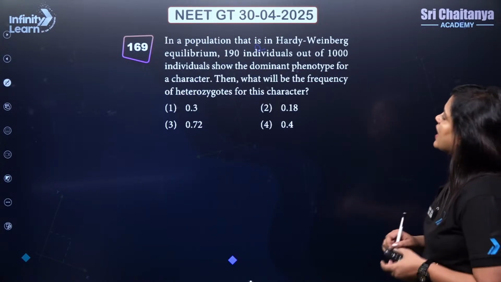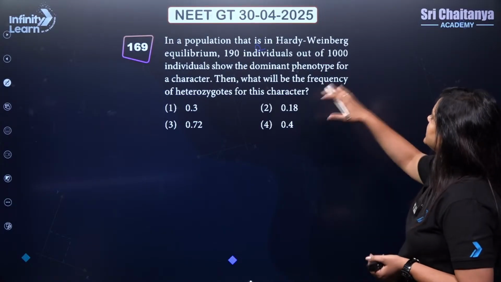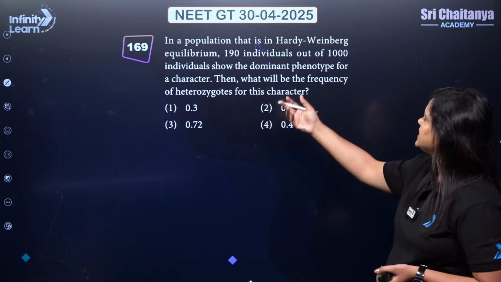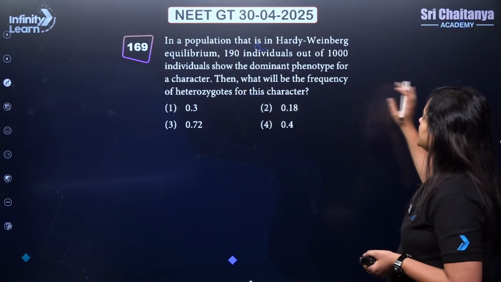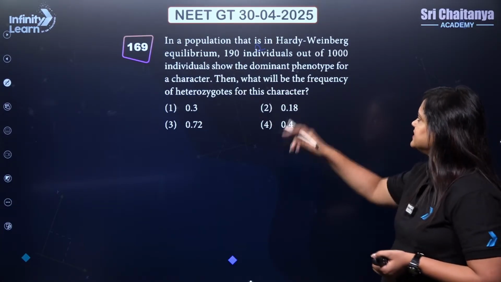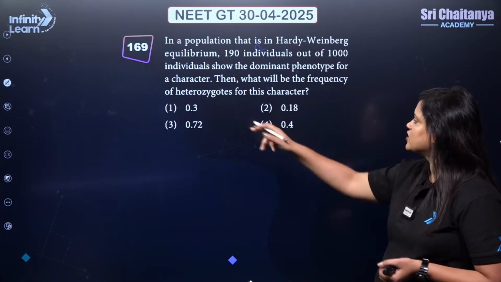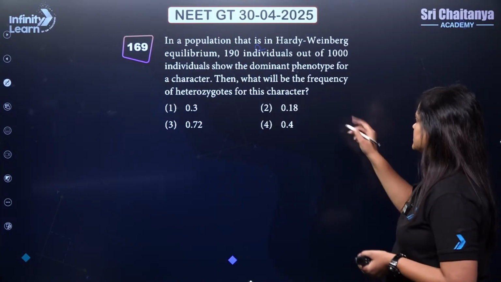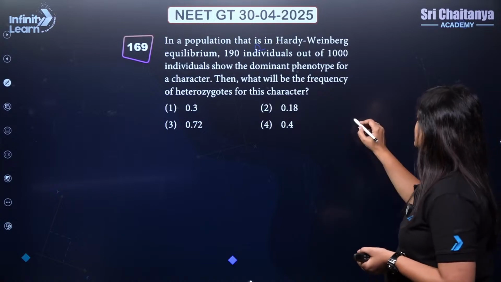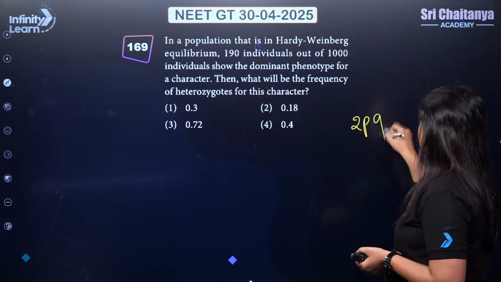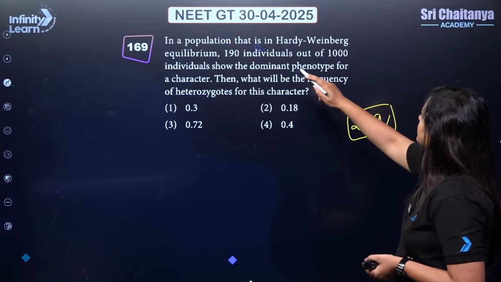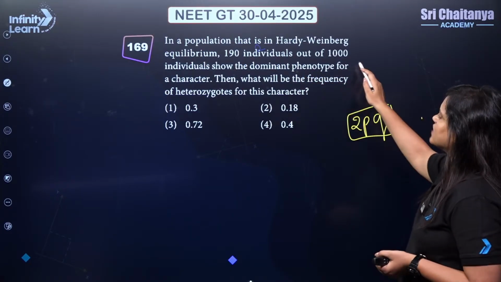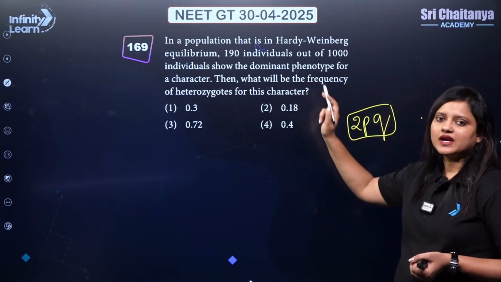Next. Now, in a population that is in Hardy-Weinberg equilibrium, 190 individuals out of 1000 individuals show the dominant phenotype for a character. Then what will be the frequency of heterozygous for this character? So, for heterozygous, we know it is 2PQ, okay, and we know that how many individuals out of 1000 are dominant? 190.